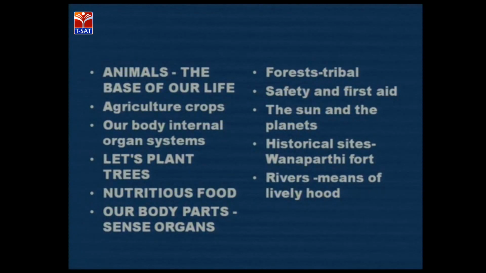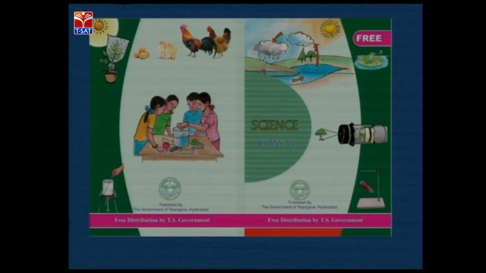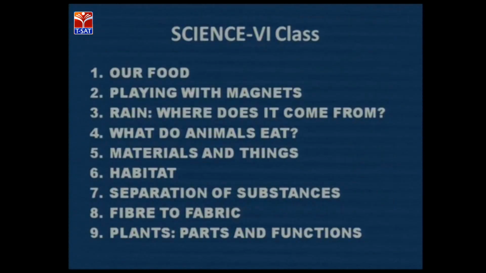Animals is one theme, agriculture may be one theme, water may be one theme, nutrition may be one theme. We have lessons in our textbooks in such a way, and it may be the class 6 science book, and it's our food, and there are some other lessons based on themes here: plants, parts and functions. In this way lessons are there.